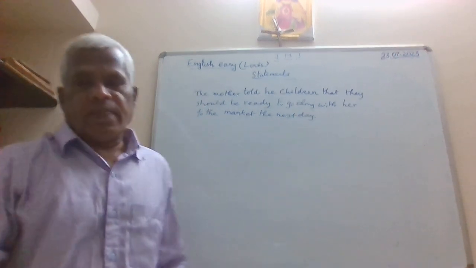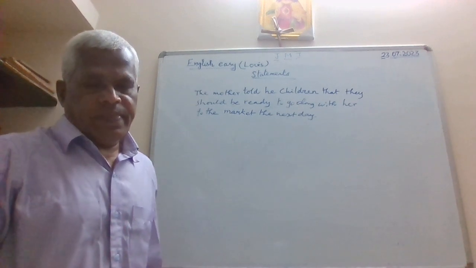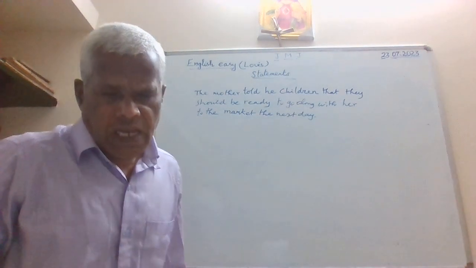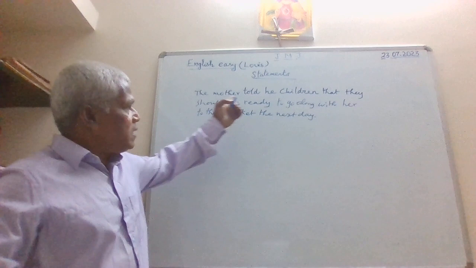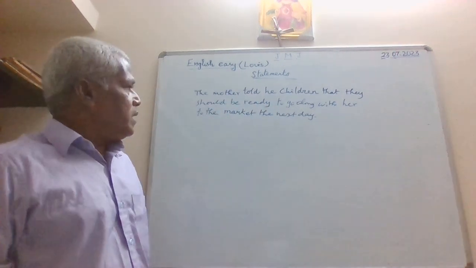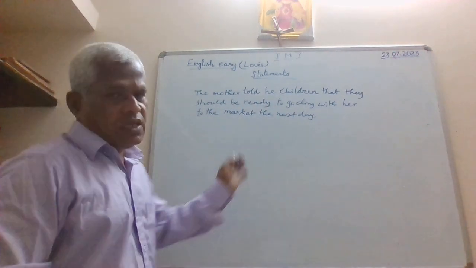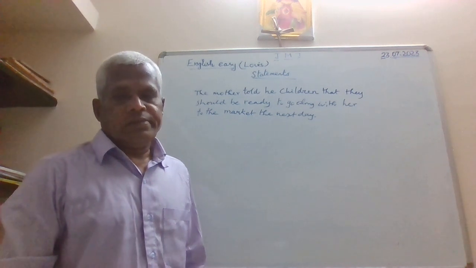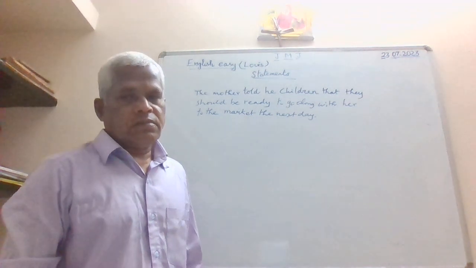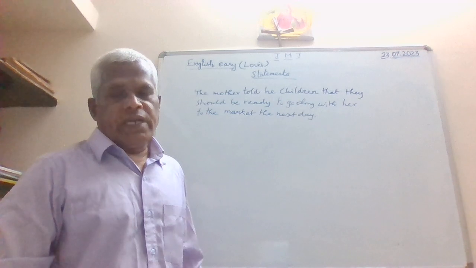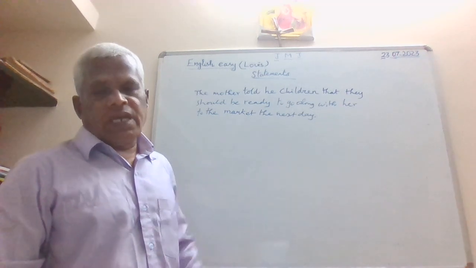Fairly long sentence. Okay? Now try to remember that. The mother told the children that they should be ready to go along with her to the market the next day. How are we going to change now this indirect speech sentence?